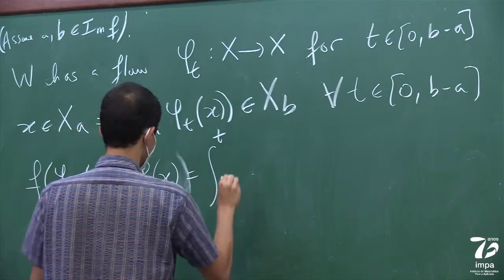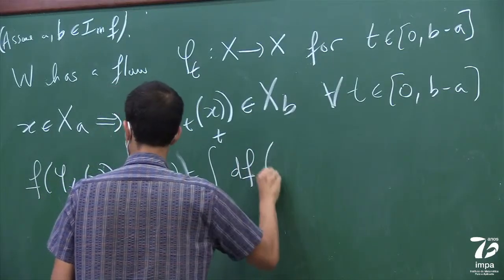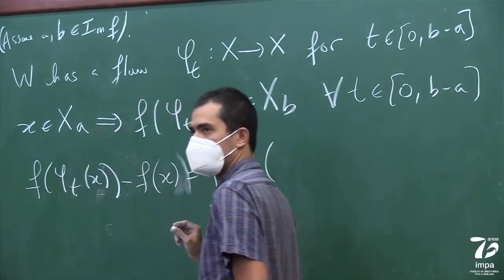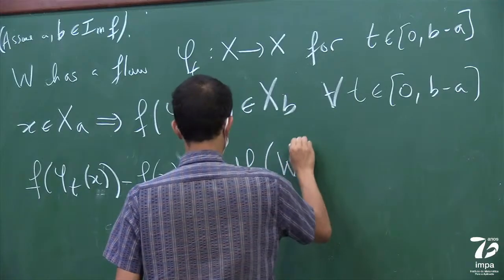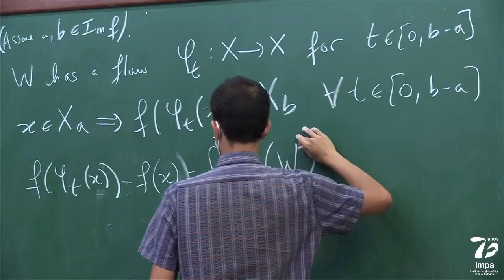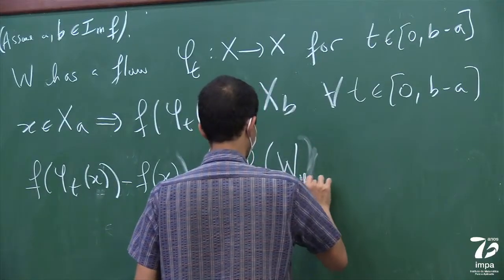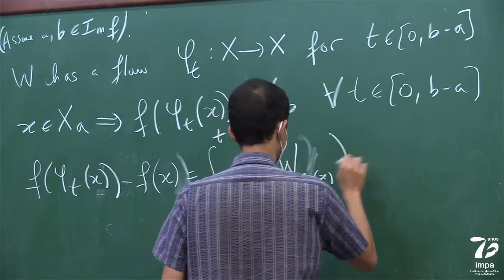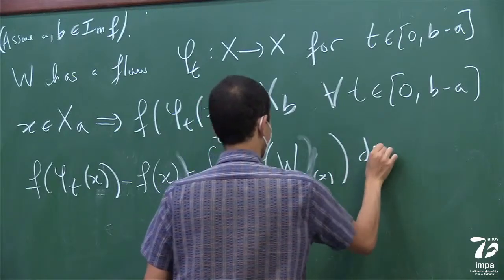So the derivative here is going to be df of the derivative of the flow, so df of w, at the point phi t of x, or phi s, ds.